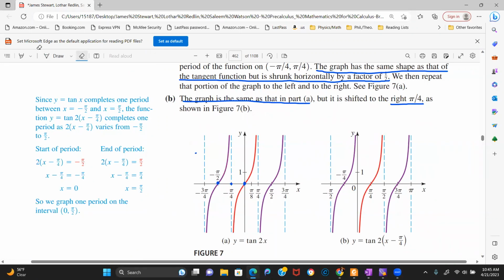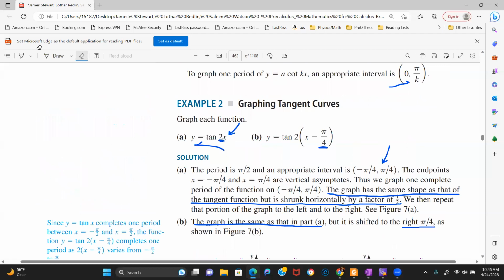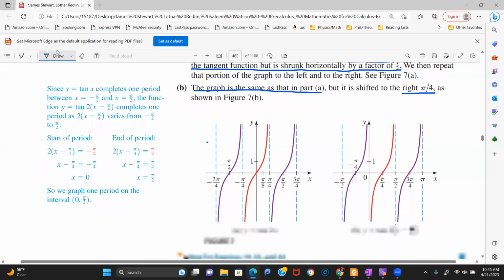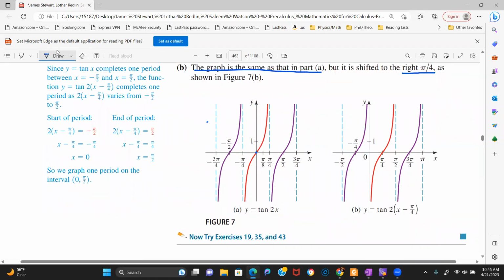The best way to do that is to take one point and track where it goes. If we're shifting by pi over 4 units, this point should shift over to here, and that's exactly what you see. Instead of going through the origin, it now goes through pi over 4, and then you just extend the behavior.